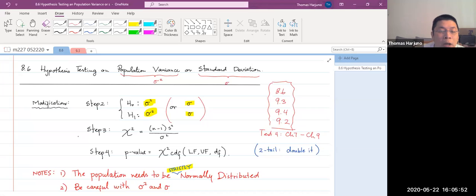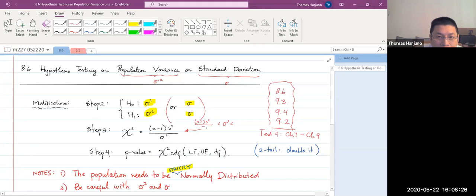Okay, now, in step 3, the test statistic is given by this. This is the modification from what we learned last week on the confidence interval thingy. Notice that in confidence interval, our sigma squared is bounded above and below by n minus 1 s squared over chi squared right, and the one on the right hand side is divided by chi squared left.